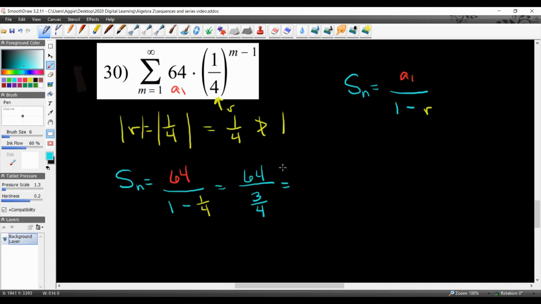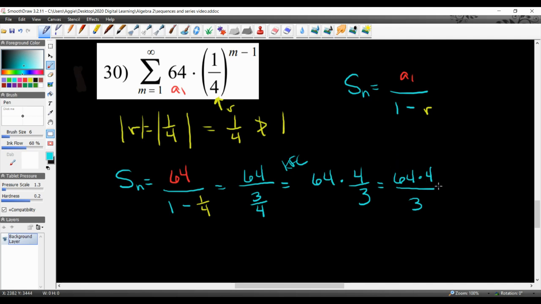Okay. Just like before, we're going to use our keep flip change. So 64 times 4 over 3. And in this one, we really can't simplify like we've been doing. So we're going to actually have to multiply. So we're going to multiply 64 times 4 and then see if that's divisible by 3. So let me see.